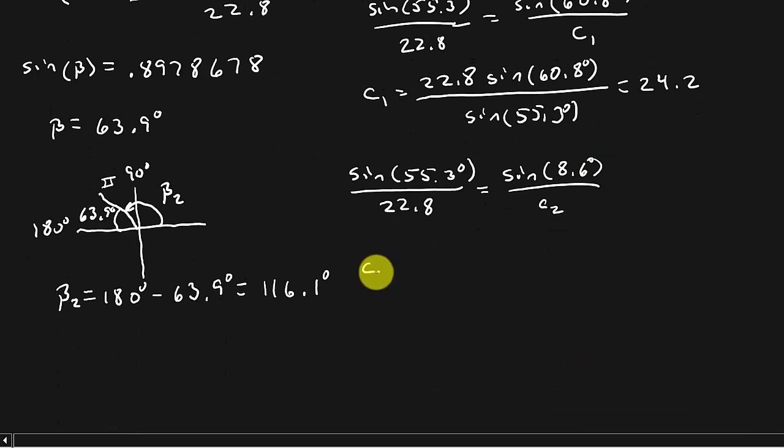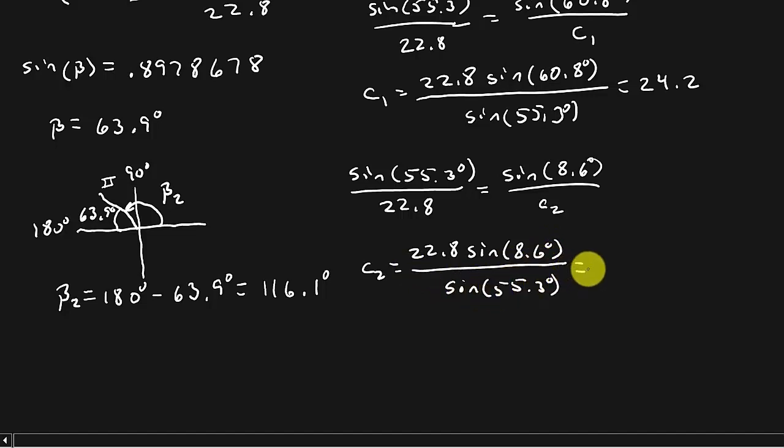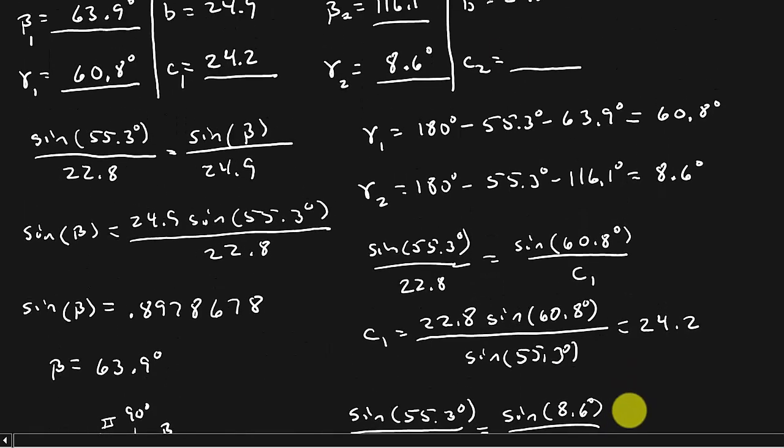And so I get C2 is 22.8 times the sine of 8.6 over the sine of 55.3. And that gives me 4.15. And so that's going to be 4.15 or 4.2.